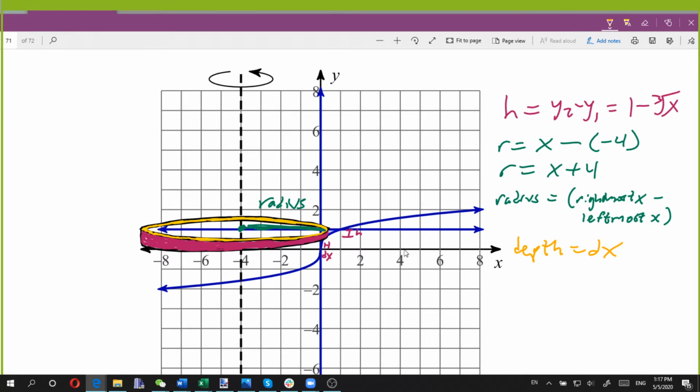So if I was to cut this cylinder, okay, not a good coloring job.